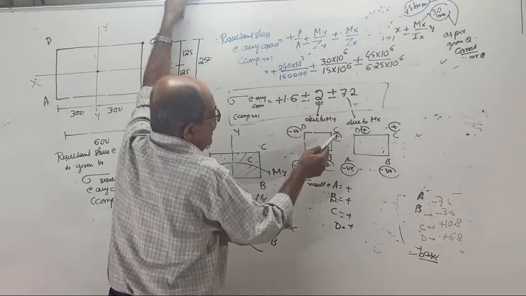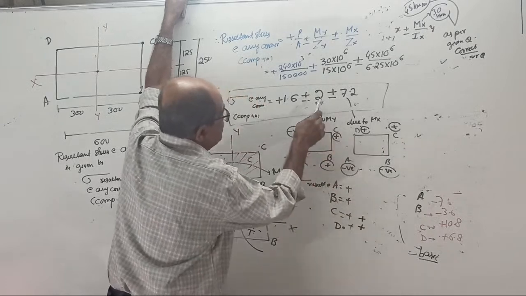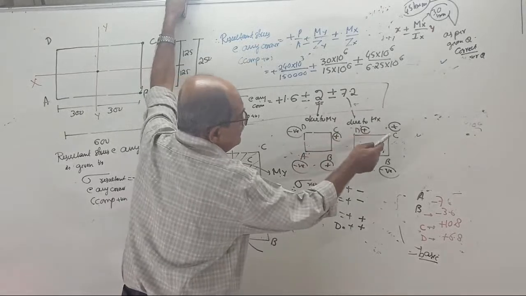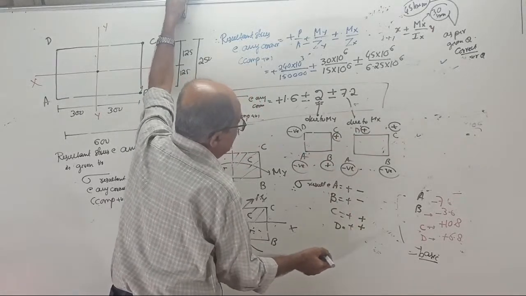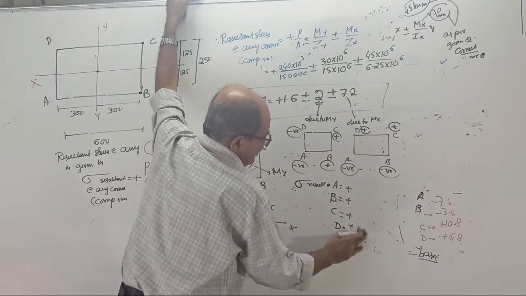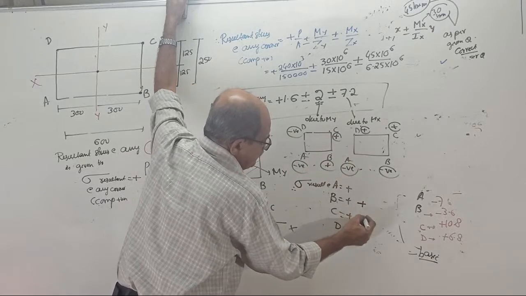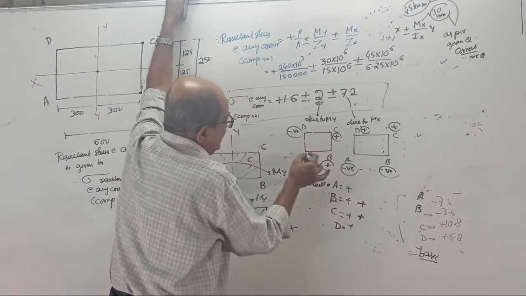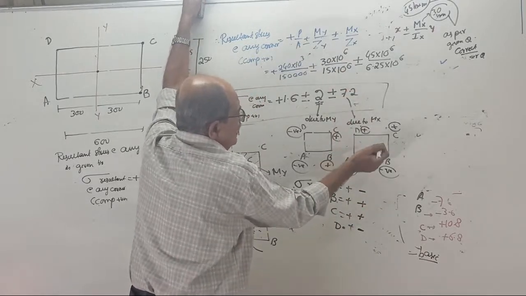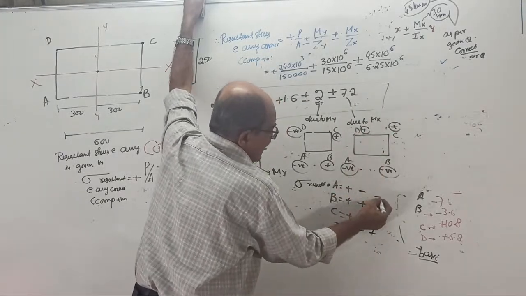The second term is plus at B and C, and minus at A and D. When I use the last term, it is plus at C and D, minus at A and B.